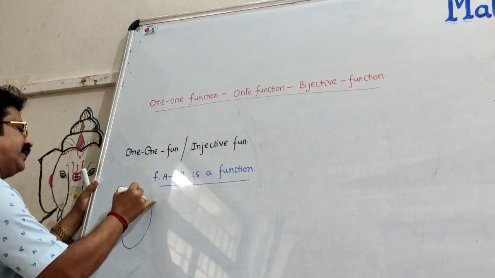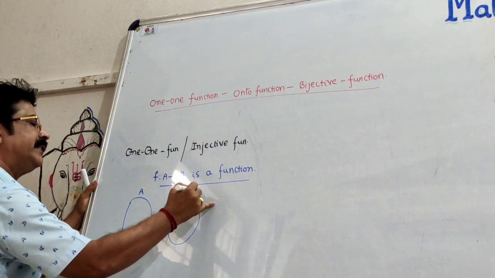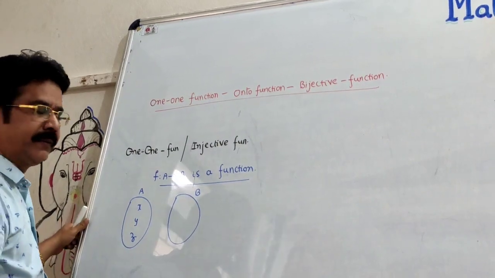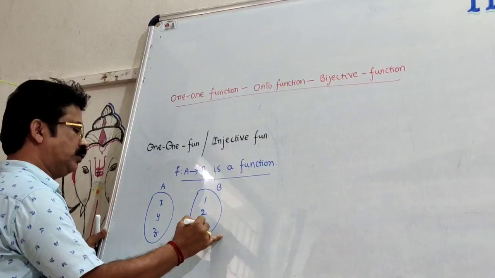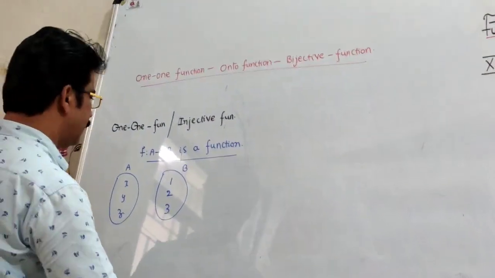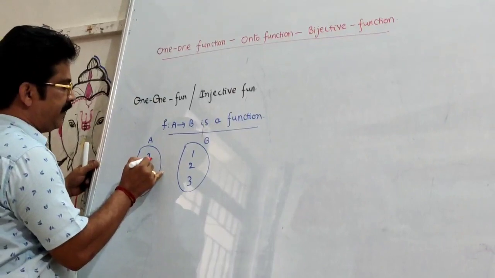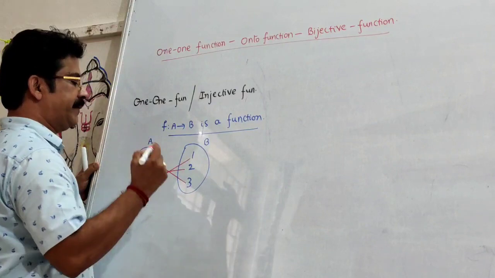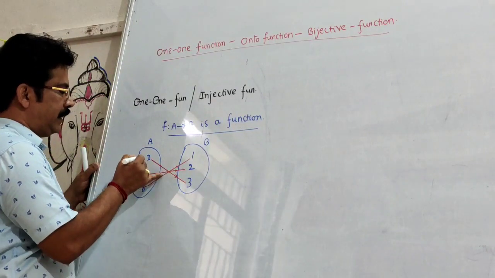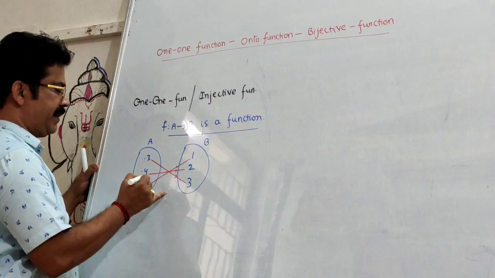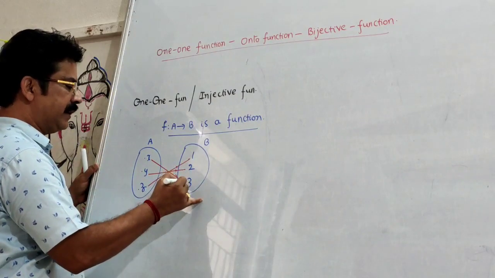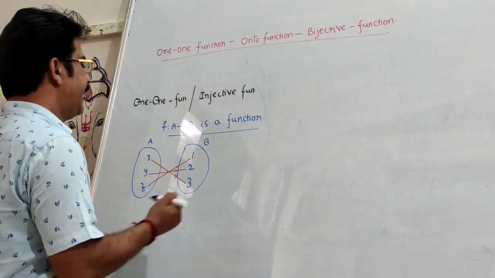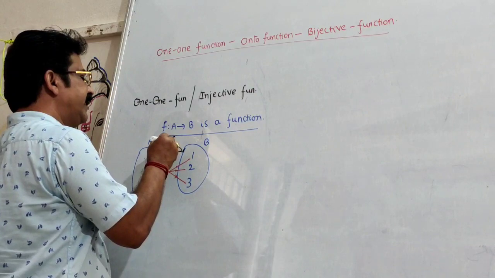So for example, it is capital A, it is capital B, say x, y, z are the elements of capital A, and 1, 2, 3 are the elements of capital B, and x is mapped with 3, y is mapped with 2, and z is mapped with 1. Means what? Different elements are mapped with different elements of capital B. So therefore, here what happened? This is f under f.